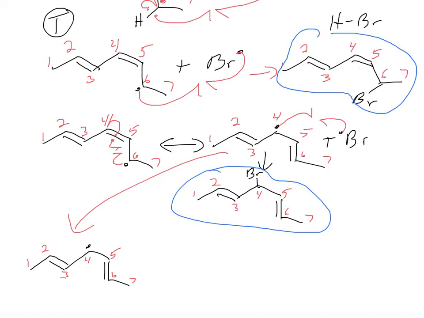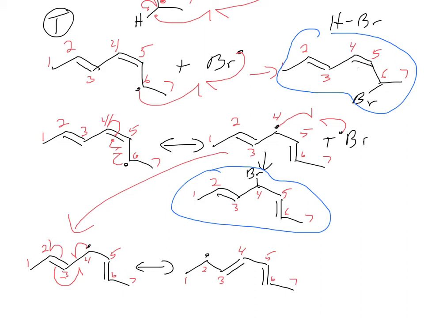Draw a resonance structure with this one. 1 electron going there. Where's there a new pi bond at? Between 3 and 4. Radicals now on 2. Three, 4, 5, 6, 7.